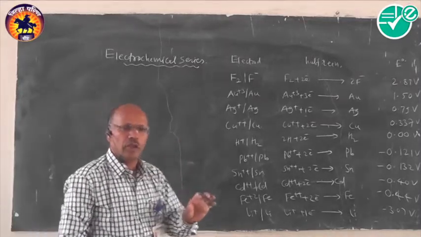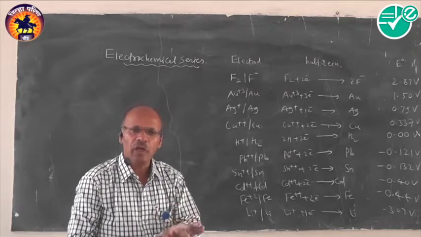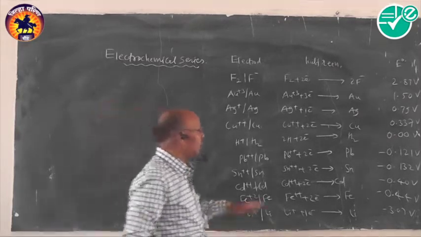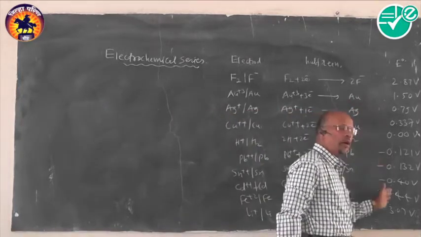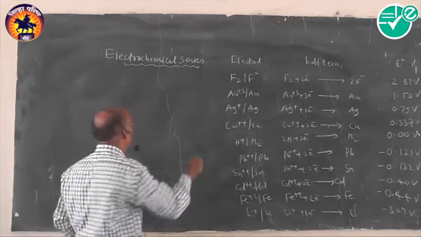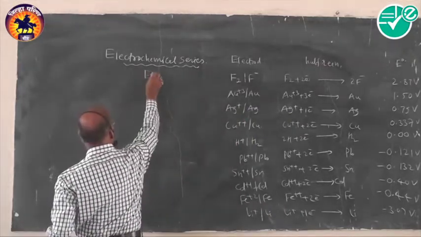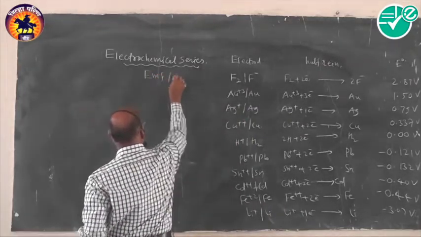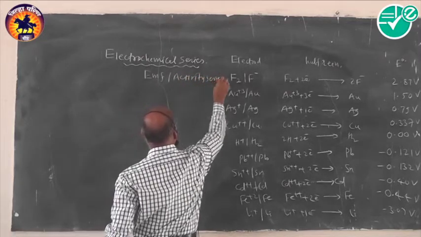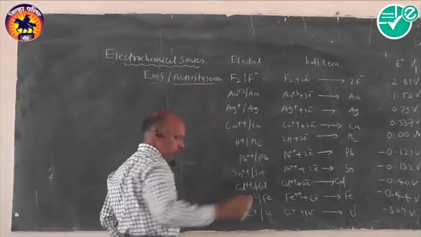These are the series of elements with their half cell reactions that can be generally arranged in their decreasing order of standard potentials known as the electrochemical series, or it is generally known as the electromotive force series, or it is generally called as the activity series. So remember here the first term, what is the definition?